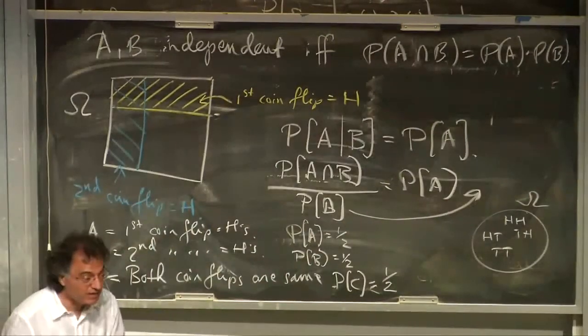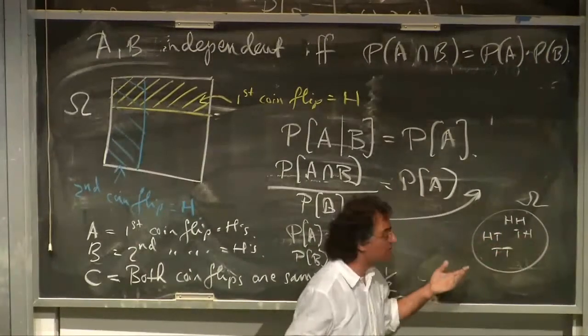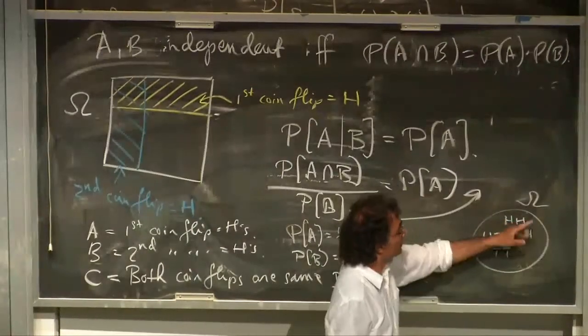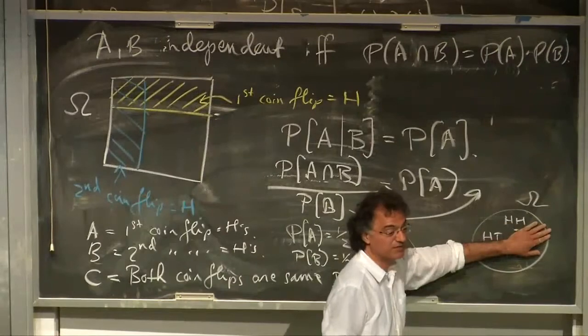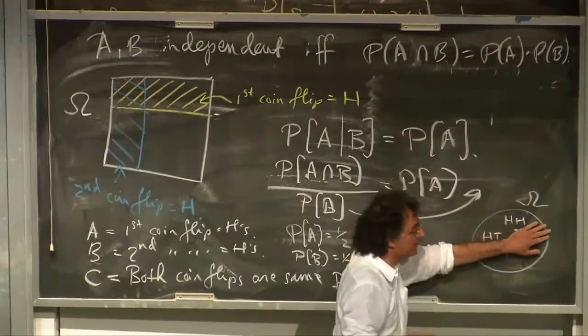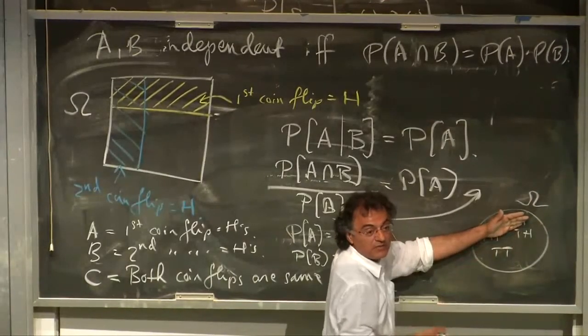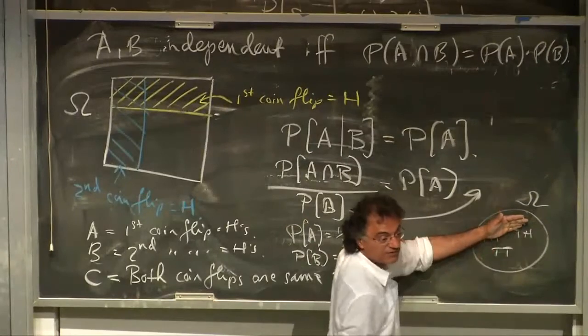Does that make it any more or less likely that they're both the same? No, right? Because if it's heads, then you're in this part of the space. It's still equally likely that they're going to be same or different. If it's tails, you're in this part of the space. But it's still equally likely whether you'll get same or different.